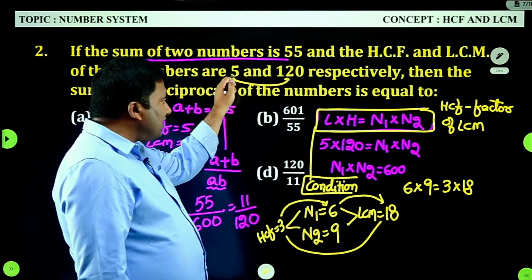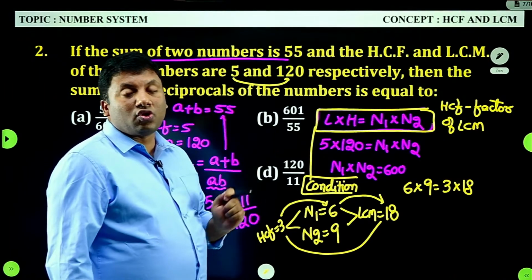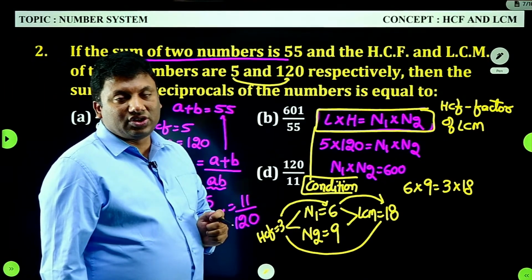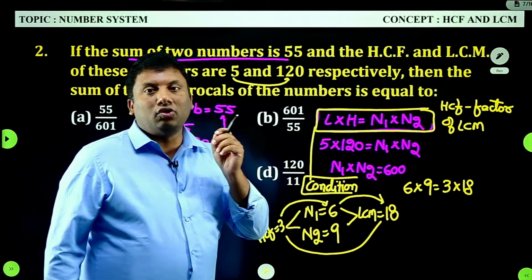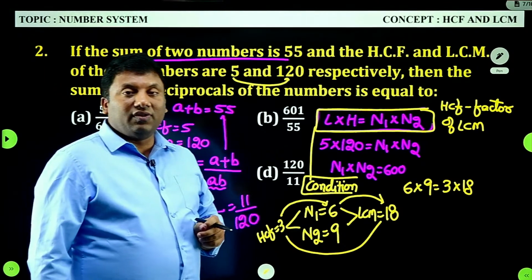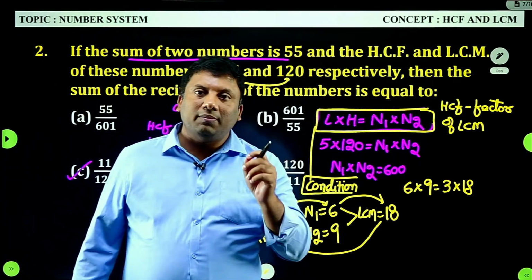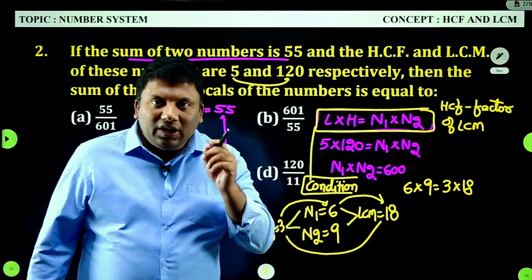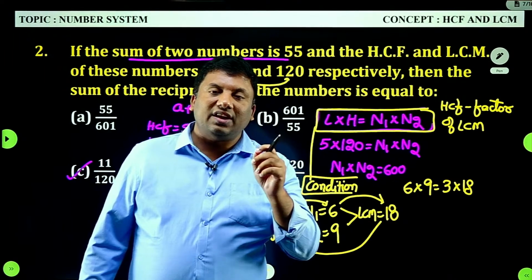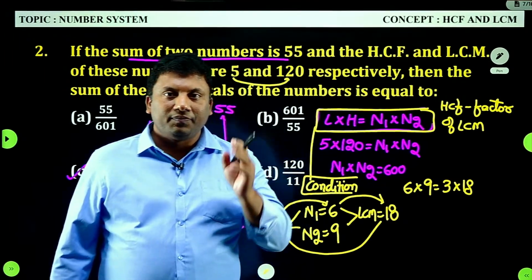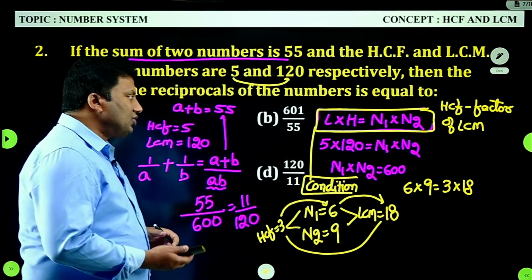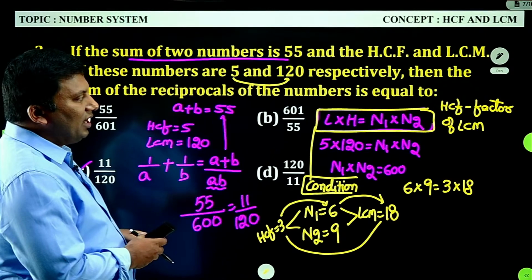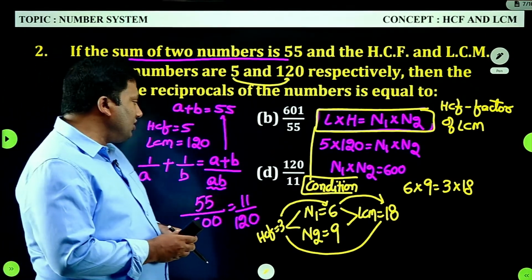If it were given as 7, the answer for this question would be data inconsistent. The product of two natural numbers can be written as LCM into HCF only when HCF is a factor of LCM. Only then is this concept used.